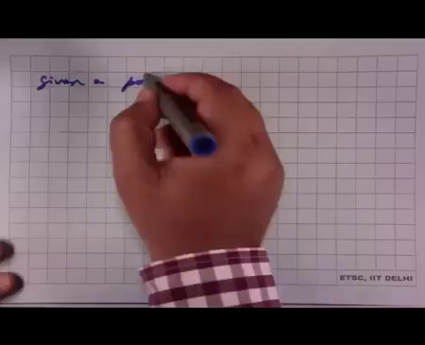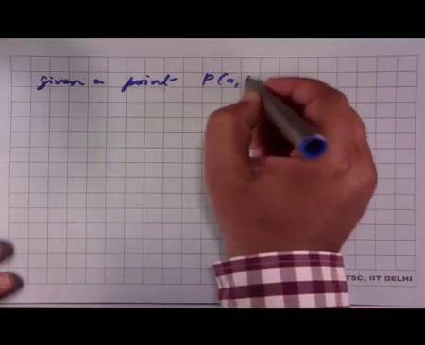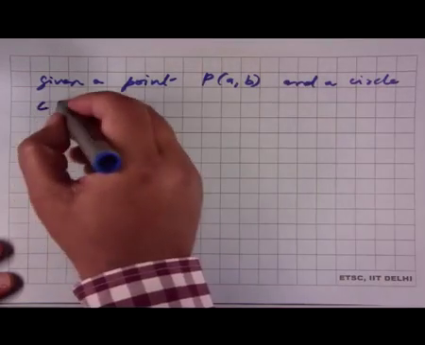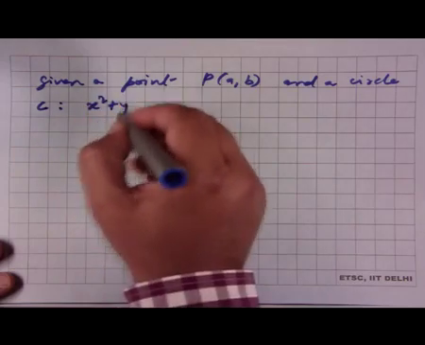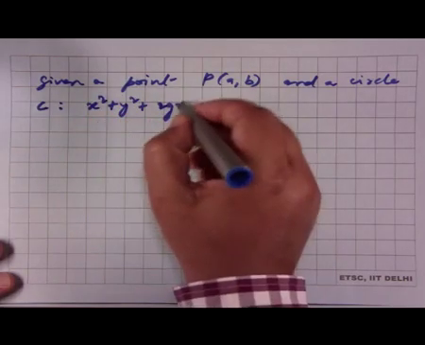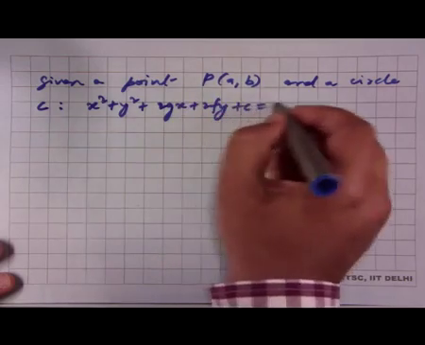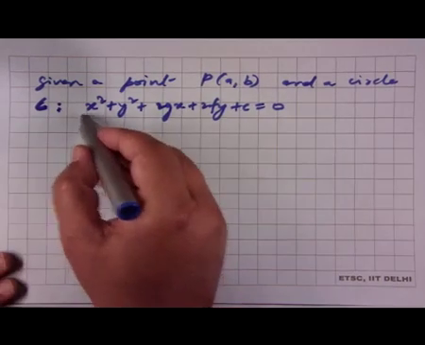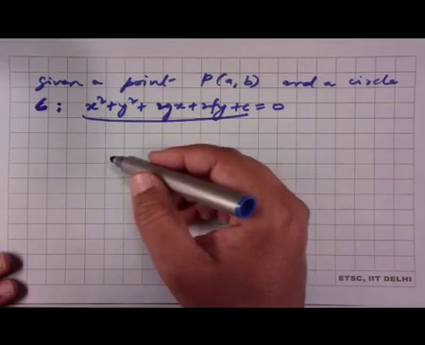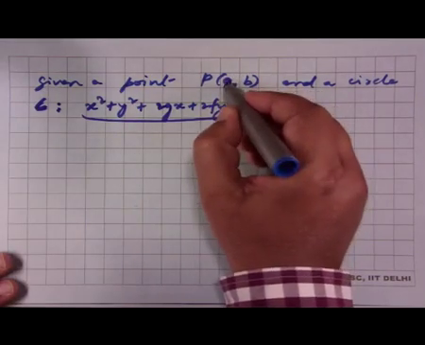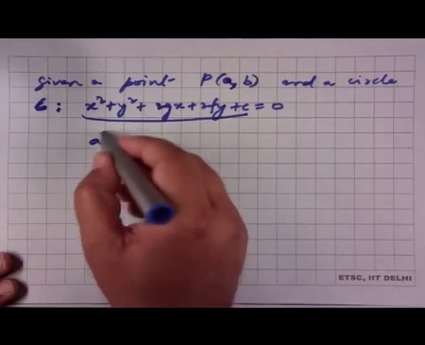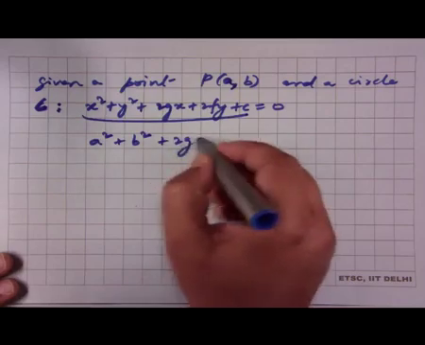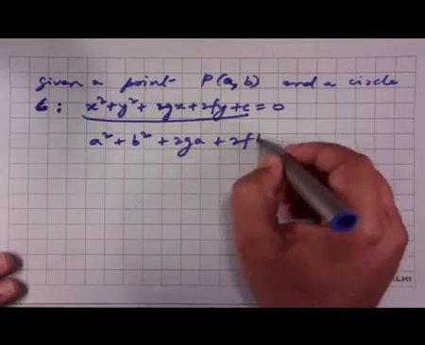Given a point a comma b and a circle C having this equation, we will first compute this expression with the coordinates of the point P. So, we get a square plus b square plus 2ga plus 2fb plus c.